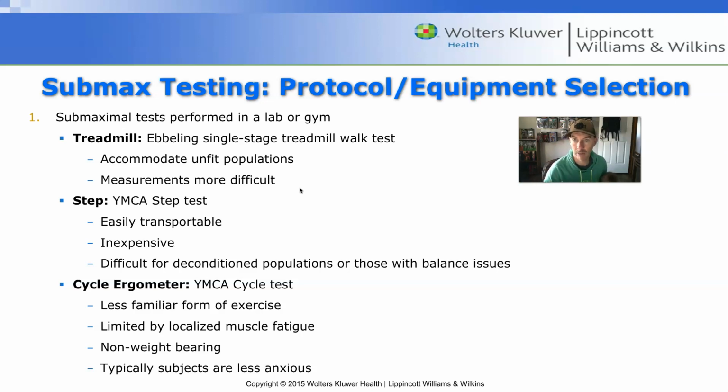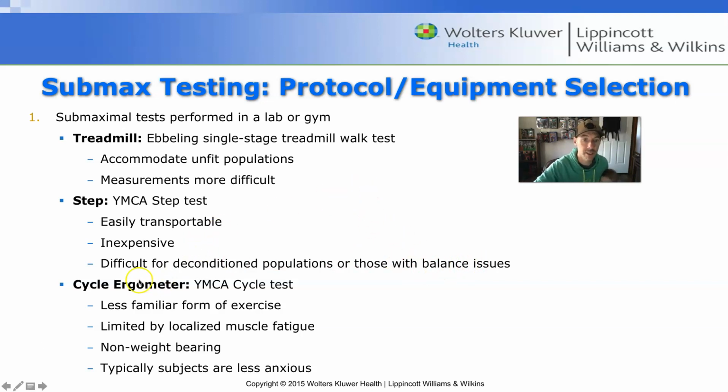Which is good if you have a group, like a sports team you're trying to test, or a group of senior citizens, whatever. The only thing about this one is it can be harder because you have to step up and down for 3 straight minutes. So that might not be good for senior citizens. Or if people have balance issues, hip injuries, this could be a test you wouldn't want to do, okay?